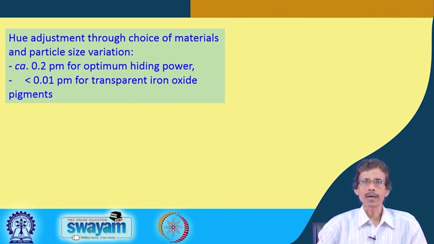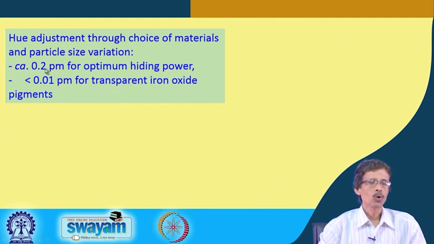The three primary colors we all know are red, blue and green. If we mix them together, we can have different hue and different color.